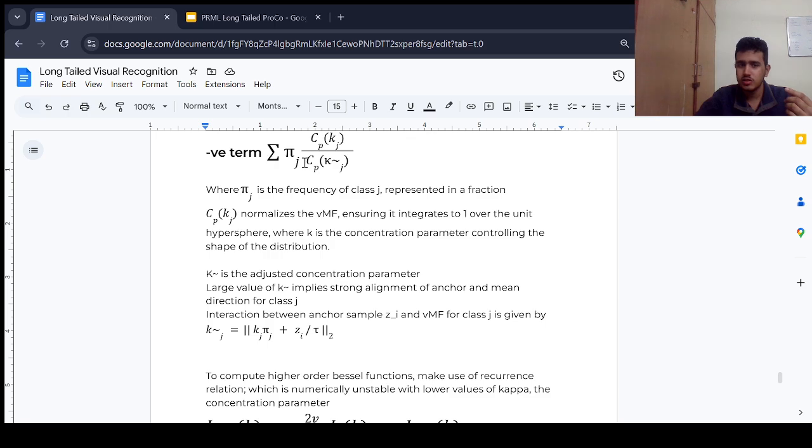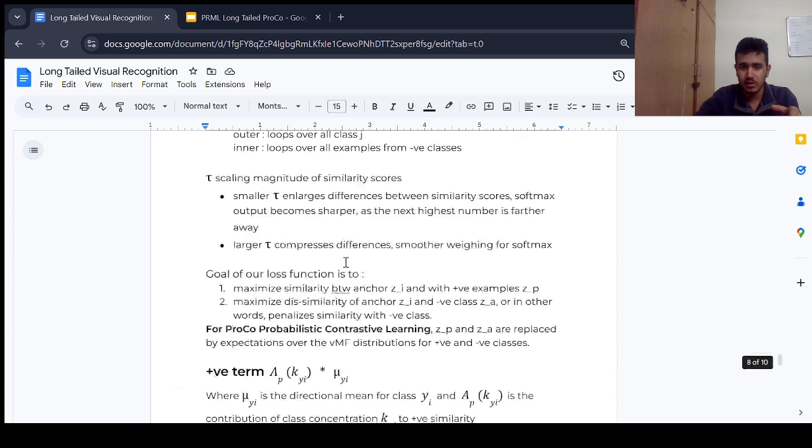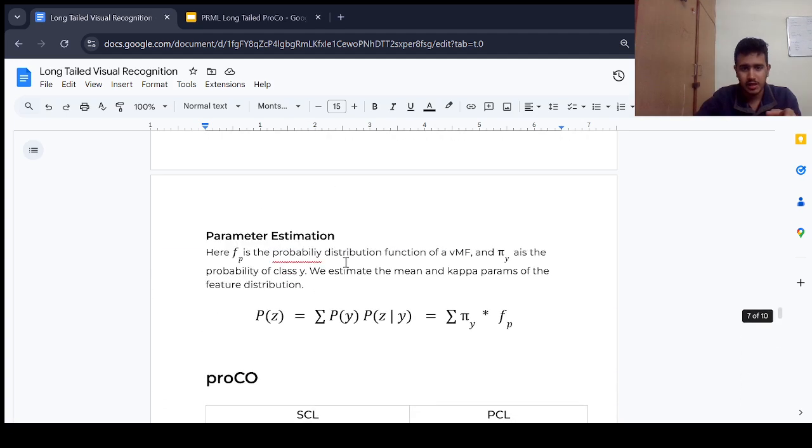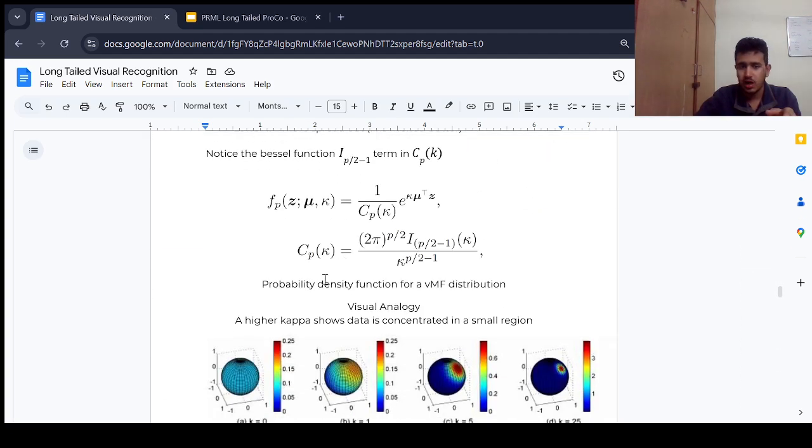And C should be the one having the Bessel function, right? Which we saw earlier. Let me scroll. C is this one, this term. So it has the Bessel function right here. As we move p up, we'll also have to calculate higher order Bessel functions.